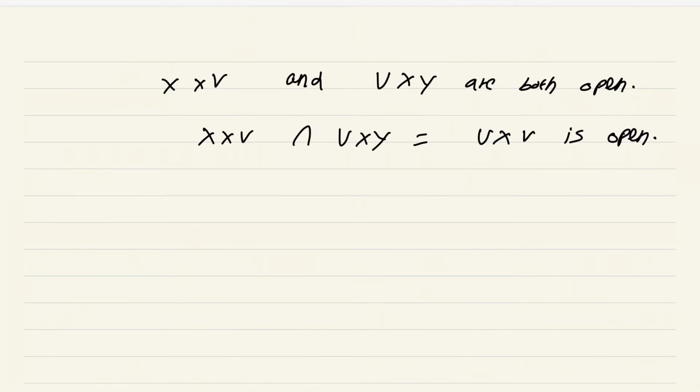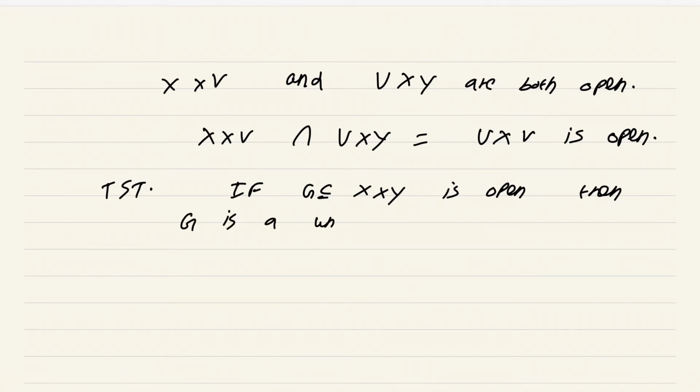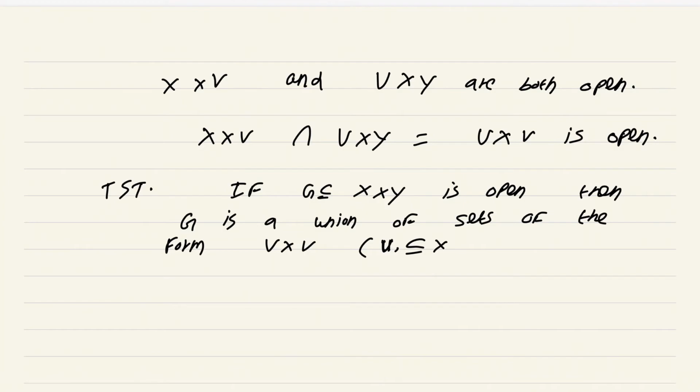Now what is our goal? To show that if G subset of X cross Y is open, then G is a union of sets of the form U cross V, where U subset of X and V subset of Y are open.